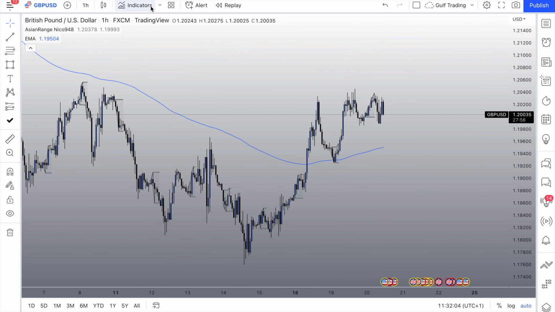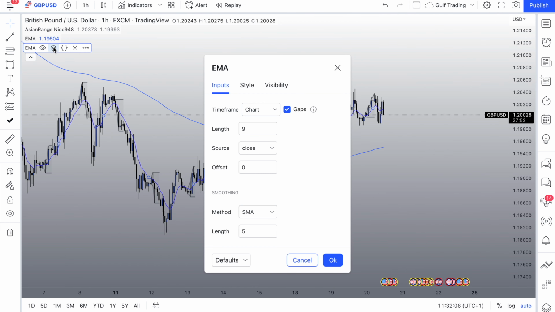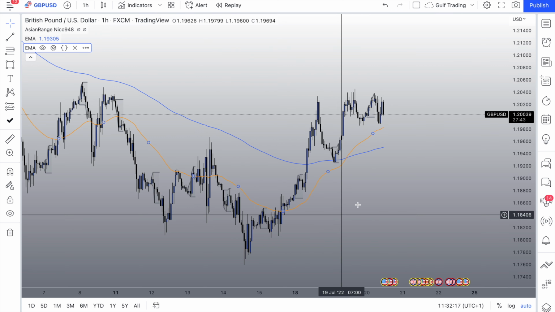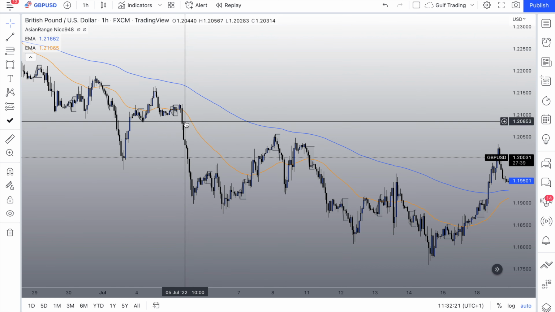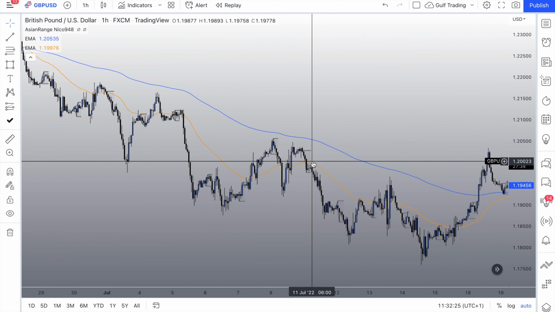What you can do as well is add multiple moving averages, just to get a stronger sense of the trend. So you can add the 50, I'll put it in a different color, say orange. And then you can see when they're both aligned, with the orange 50 below the blue 200, you're definitely in the downtrend.